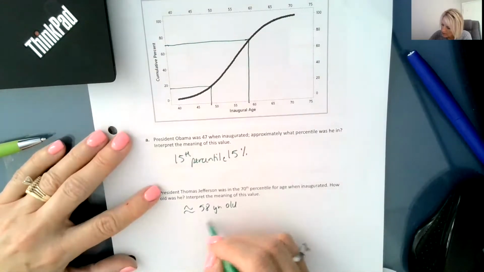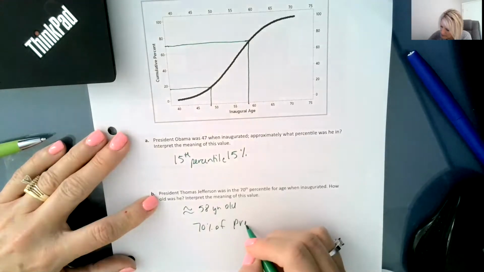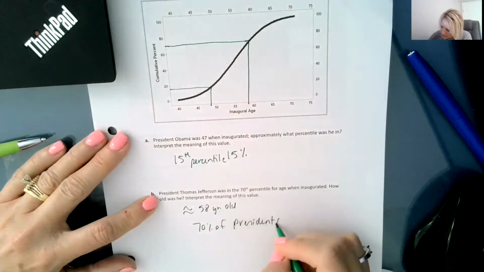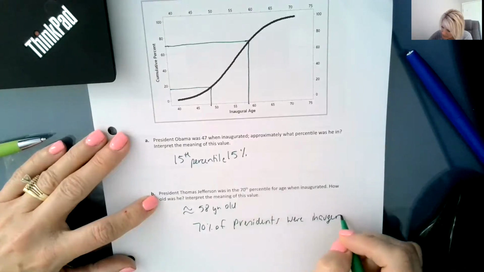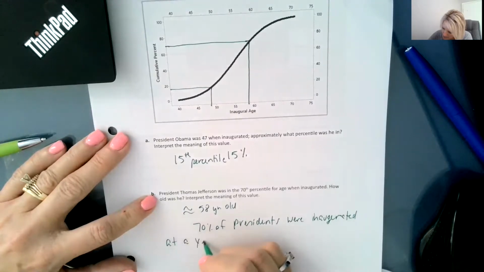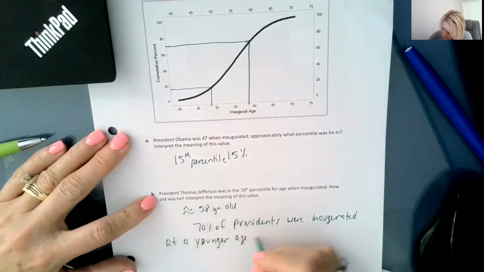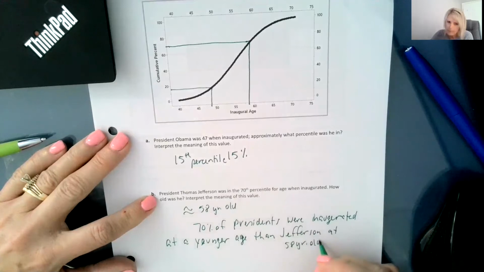So this means that 70% of presidents were inaugurated at a younger age than Jefferson at 58 years old.